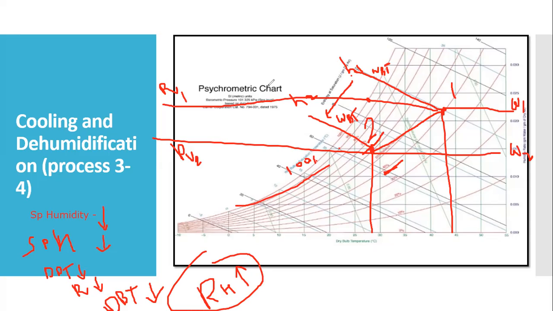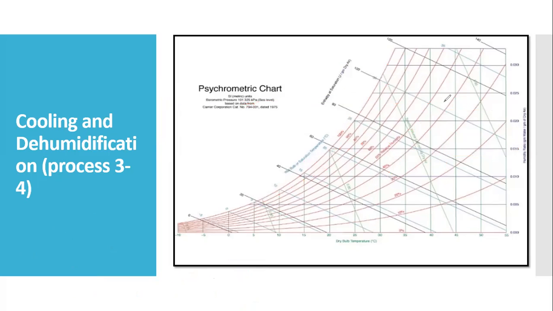Okay, so now how to find out ADP? See, I am just giving you directly. See, this is 1 and 2 point. Join both and you will get one line. And if you extend this line along its slope up to the saturation curve, that is your ADP.